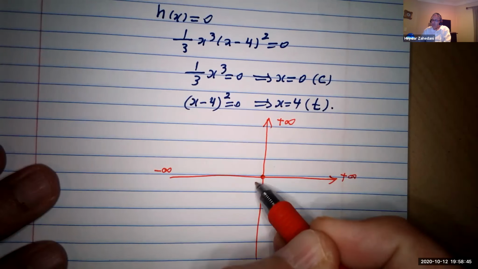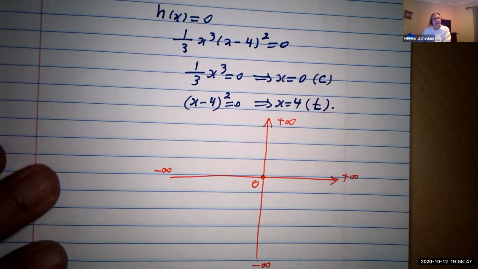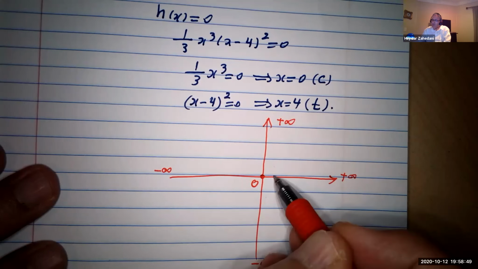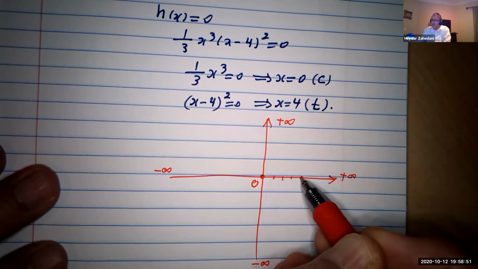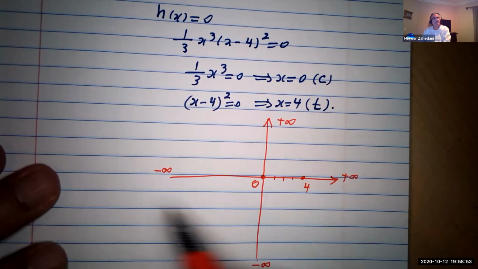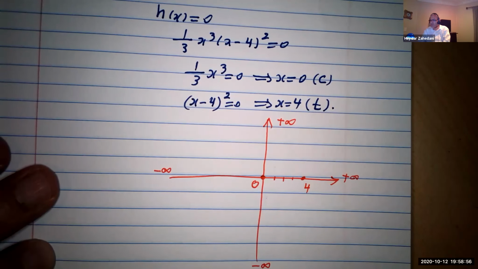So this is going to be the XY coordinates. I'm sorry. Negative infinity and positive infinity, and this is positive and negative. So we have 2 intercepts: x equal to 0 and x equal to 4, which is 1, 2, 3, 4. So these are going to be your intercepts, 0 and 4.